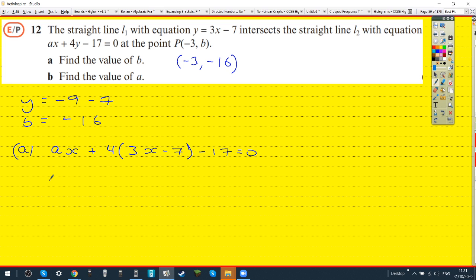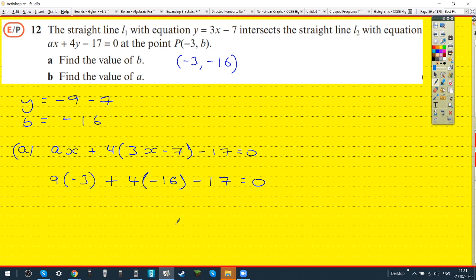So would you write out a multiplied by minus 3, plus 4 open brackets, 3 multiplied by minus 3? What is y at the point of intersection? Minus 16. Yeah. Okay. Minus 16, and then minus 17 equals 0.